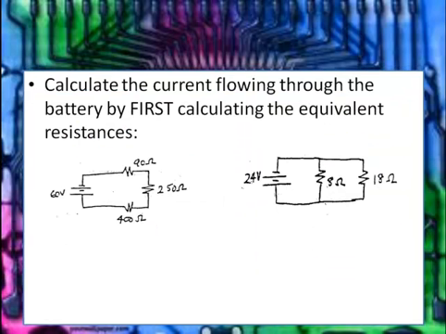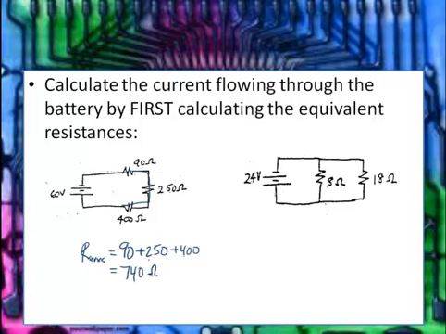This first one you saw: 90, 250, 400 ohms. They're all in series with each other, so to find their equivalent resistance, I'm just going to add them up. That's 90 plus 250 plus 400 for a grand total of, I think that's 640. Make that 740 ohms.